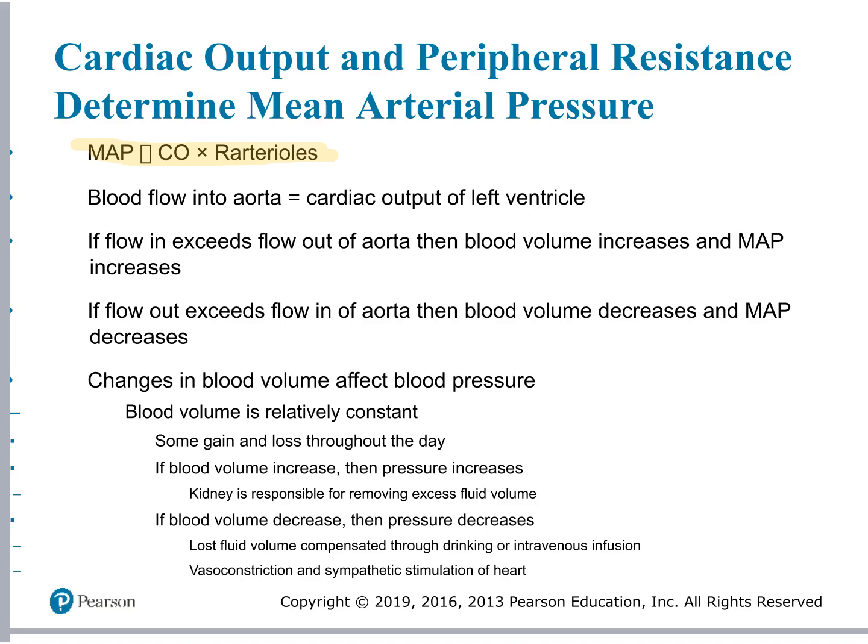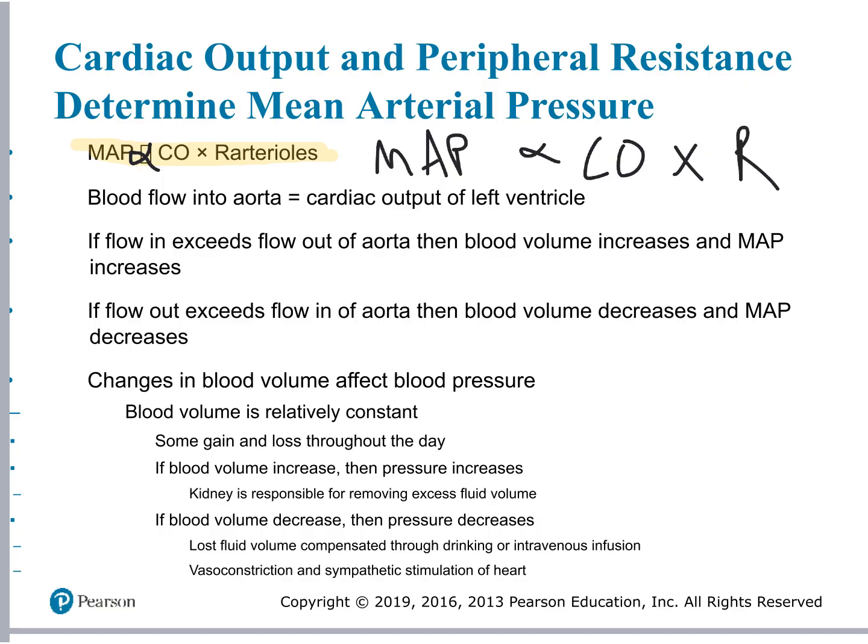So I'm going to try to draw it in as well as I can. It kind of looks like that. So mean arterial pressure is related or proportional to cardiac output times resistance of the arterioles.